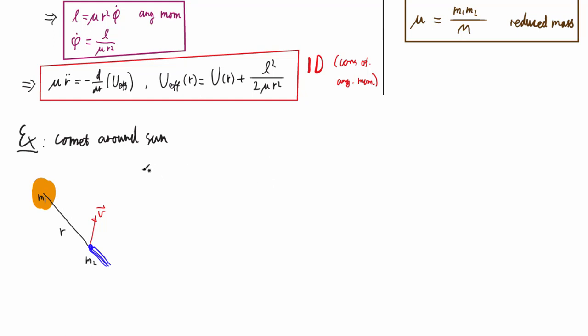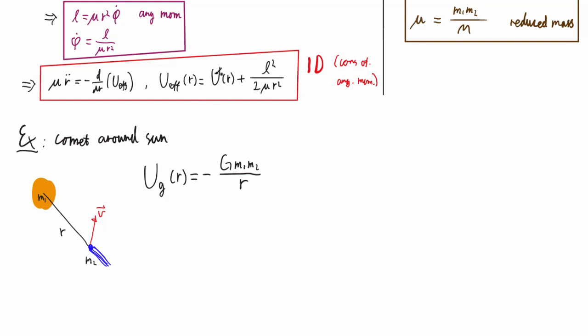So in this type of situation, we have a gravitational potential energy, which depends on r, and it's minus capital G m1 m2 divided by r.